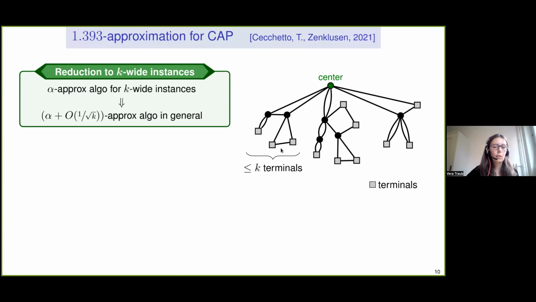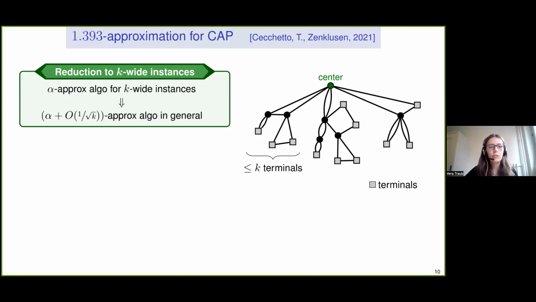The way you should think of terminals is as the analog of leaves in a tree. So a terminal in a cactus is the analog of a leaf in a tree. These are vertices of degree 2. And this example, for instance, is 5-wide, because in each of these subcacti hanging off the center, I have at most 5 of these terminals.